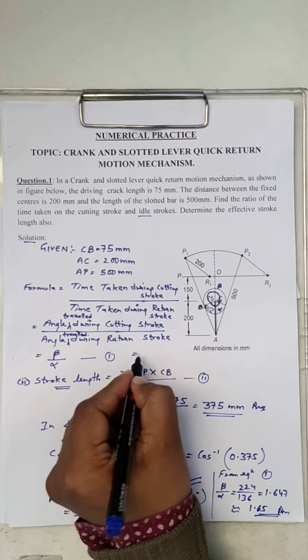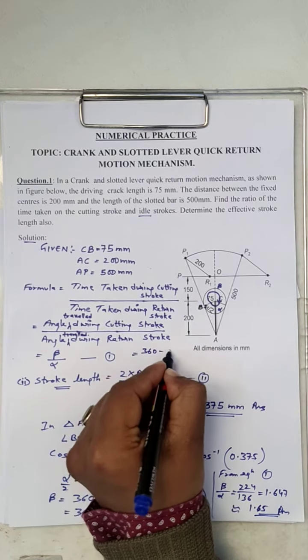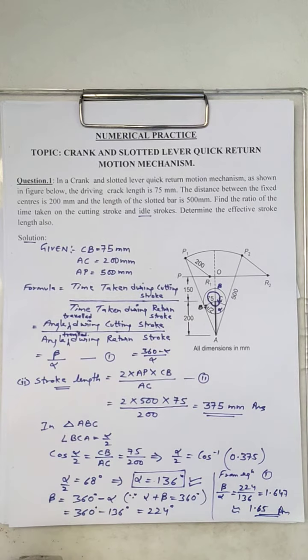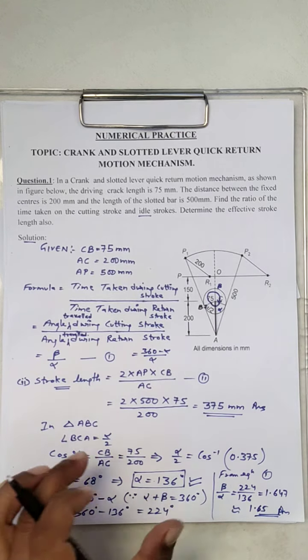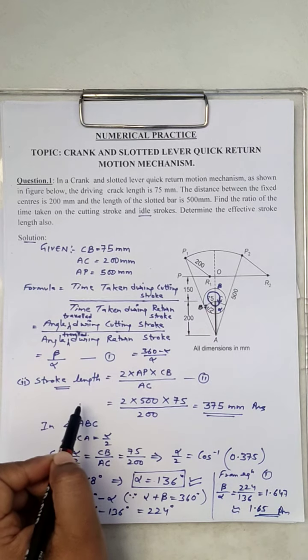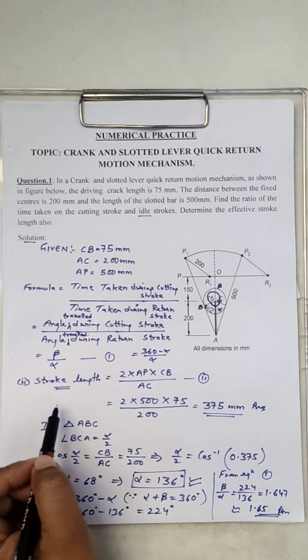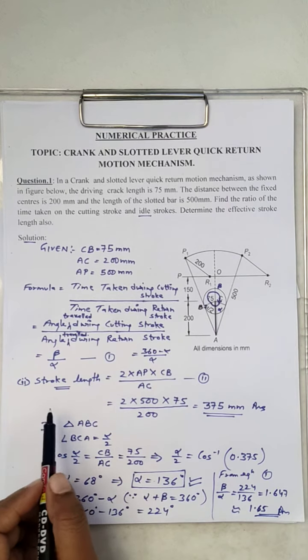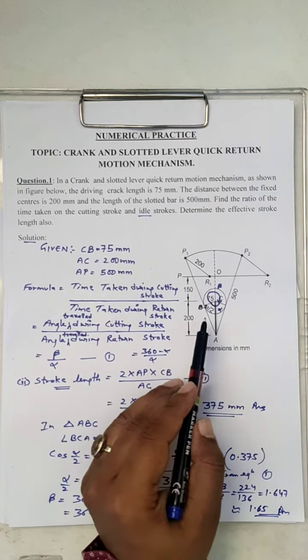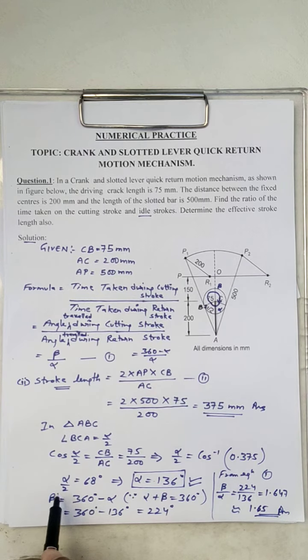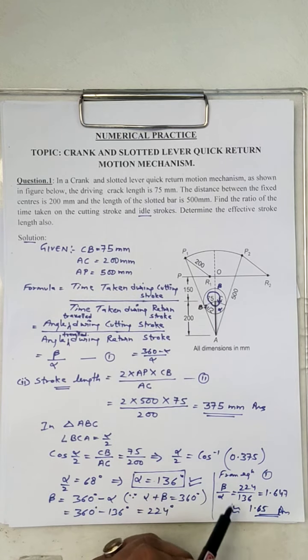These are all the tricks which we have used during numerical solving also. But straightforward, write the formula. First we have solved the second part, that is the length of cutting stroke or stroke length. Then we have calculated alpha by 2, then alpha, then beta, and finally the ratio. Hope it is clear. Yes, thank you so much.